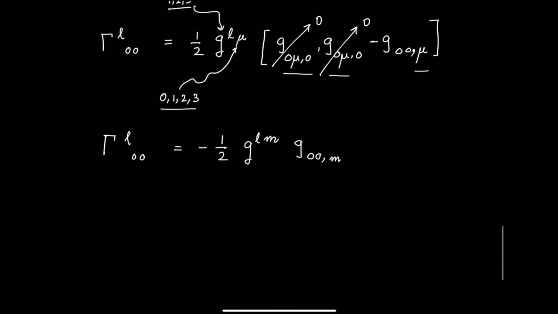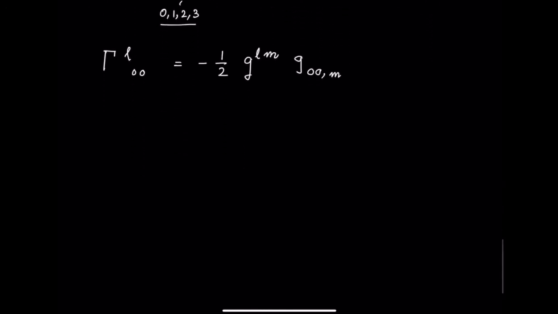All right. Now remember that we wrote the metric as a first order perturbation from the metric of special relativity.